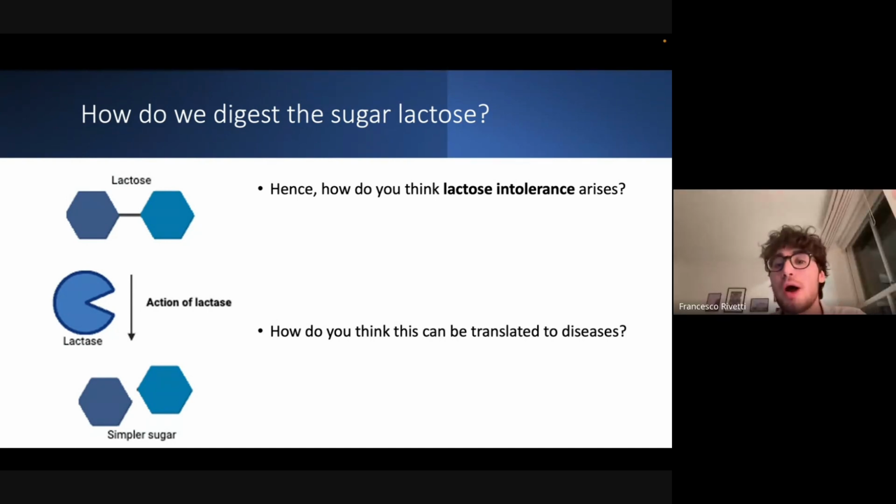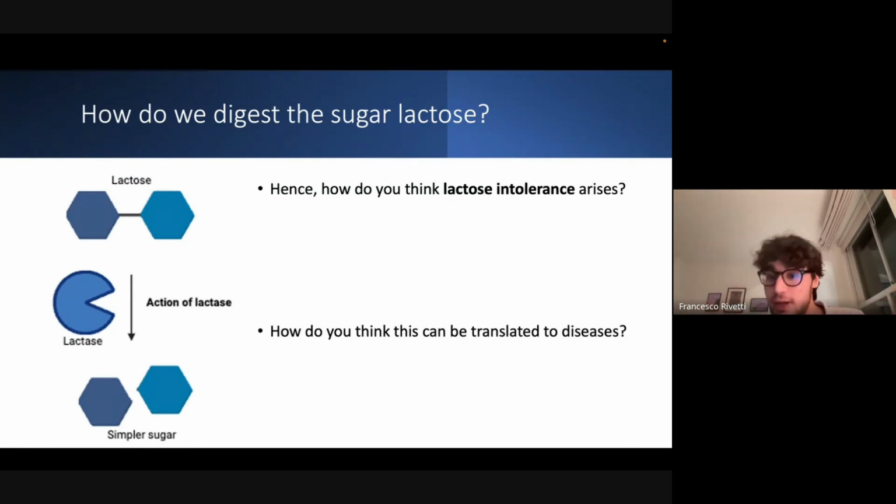Yes. But one thing to note is that all humans do have the lactase gene because all babies need lactase to survive, because when we're breastfed, that's what we eat.